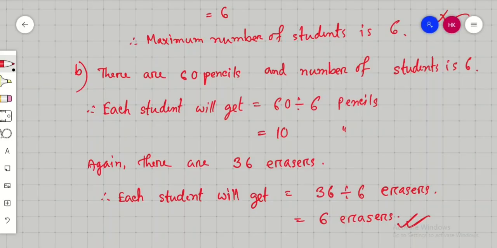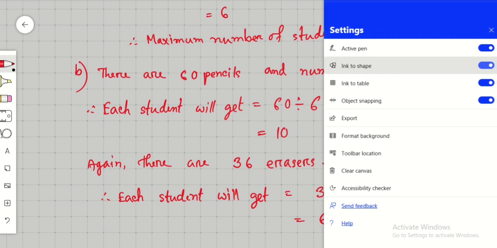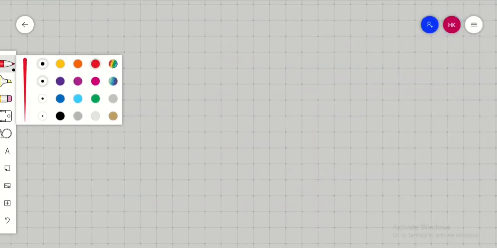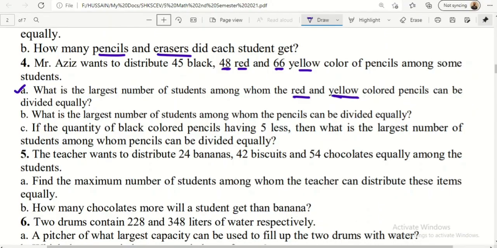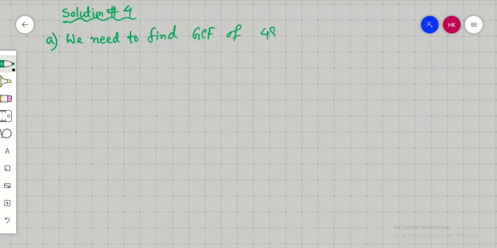Now we want to clear the canvas again and start another solution, number 4. Number A, we need to find the GCF of 48 and 66.